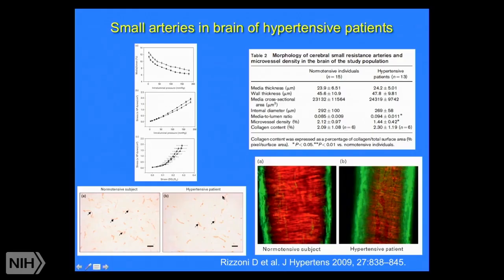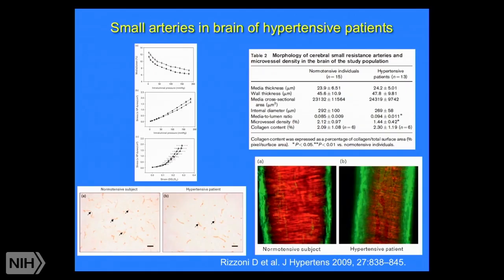And from the point of view of vascular structure, essentially they found in hypertensive compared to normotensive individuals a number of small changes that actually did not achieve significance except for the media to lumen ratio that was enhanced.